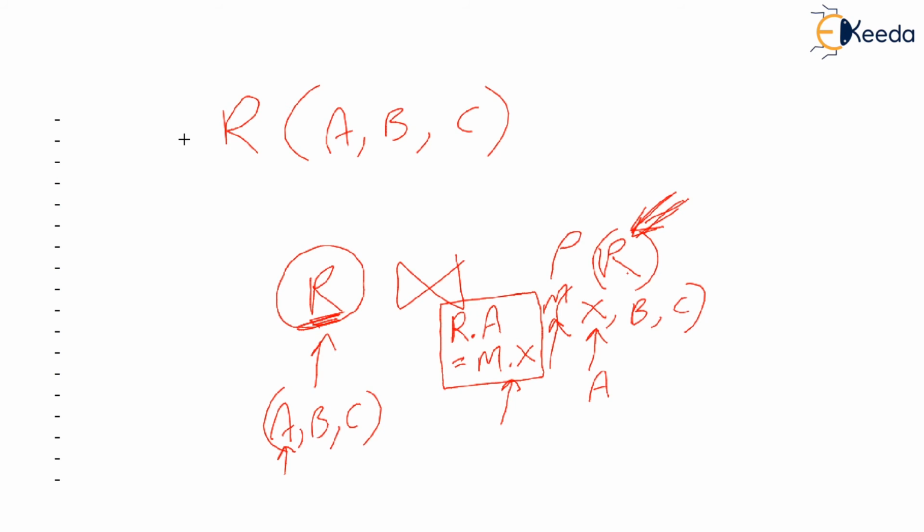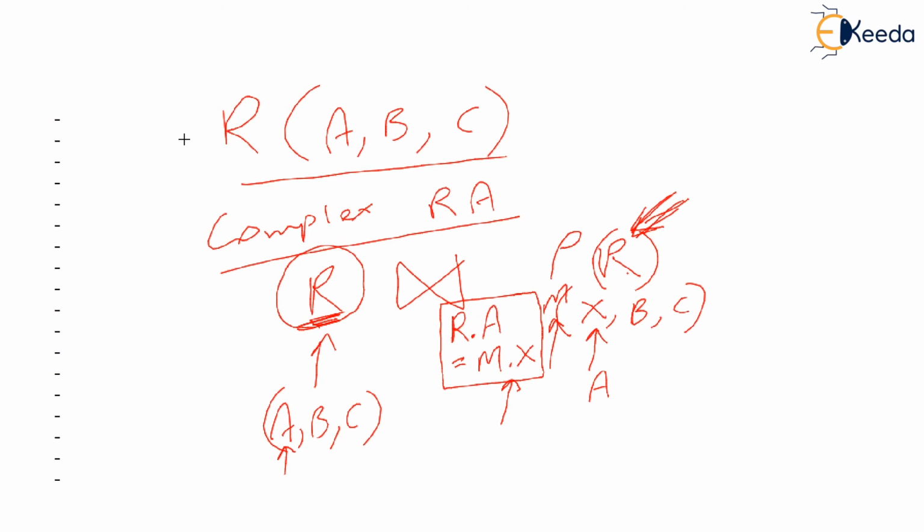So the rename operation is used, you will see, mostly in complex relational algebra expressions. I mean, there is no fun in renaming a table name or a column name just for nothing.